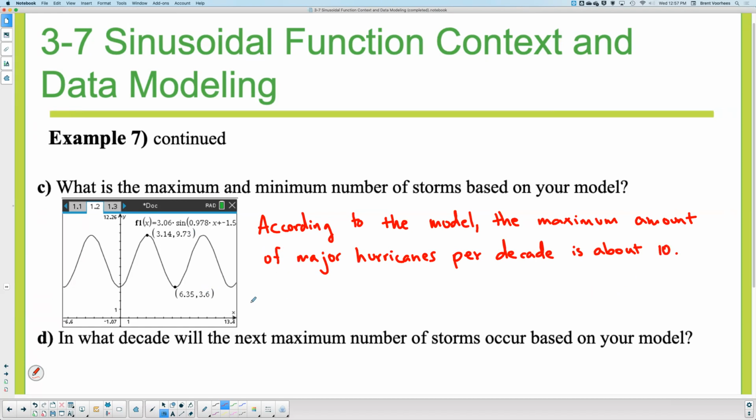And the same with the minimum, because I know that rounds up to 4, but because we're talking about hurricanes and we're talking about the minimum, it appears to me that we might have as few as 3. So the minimum major hurricanes would be 3.